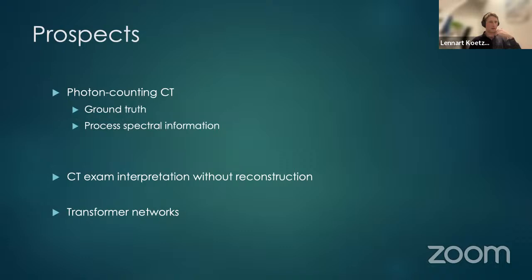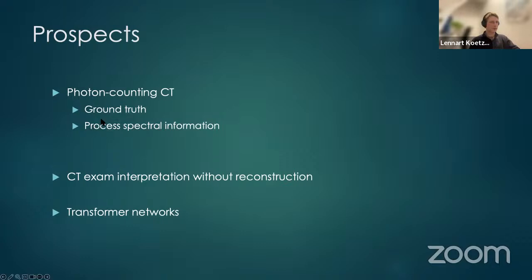And these could serve as better training data for the deep learning networks. On the other hand, photon counting CT or spectral CT in general can also benefit from deep learning reconstruction. Currently, the application of DLR for spectral CT is rather limited, but I think there's a huge potential for it.